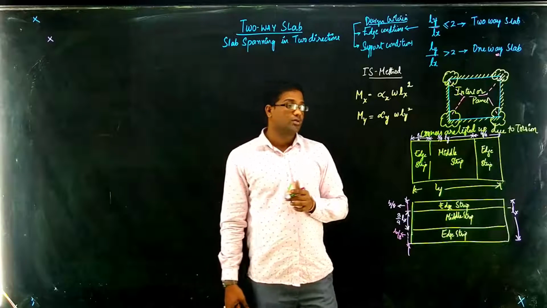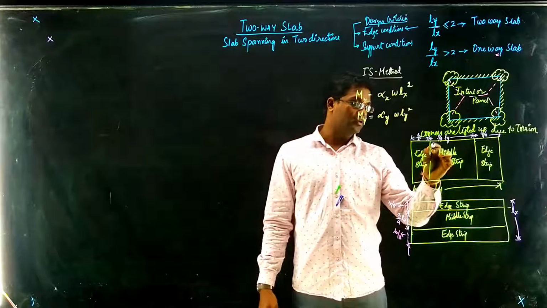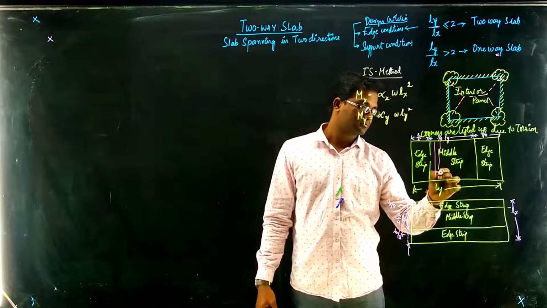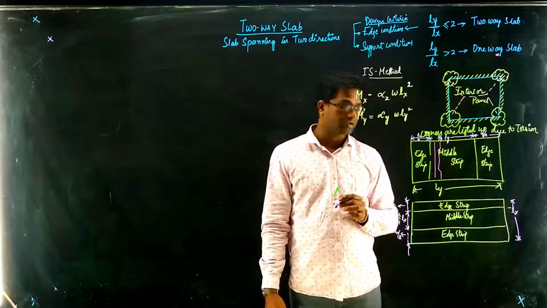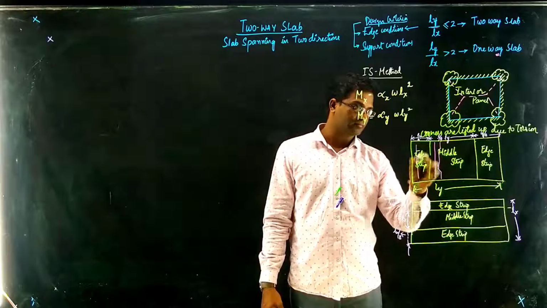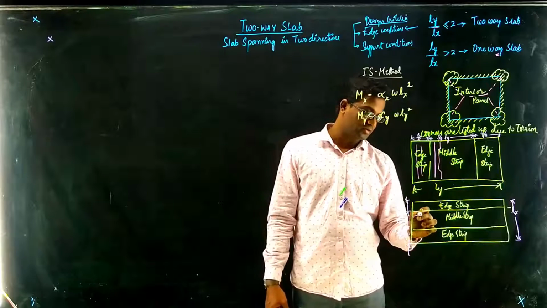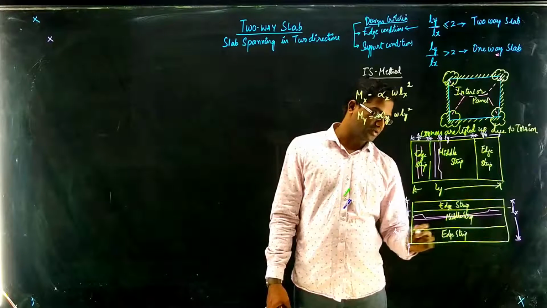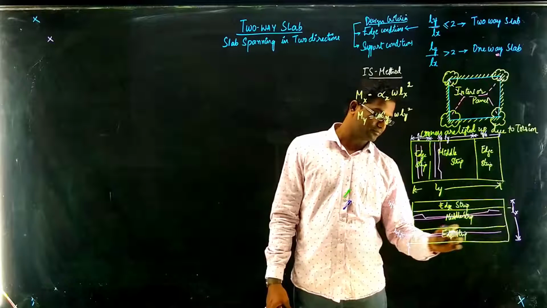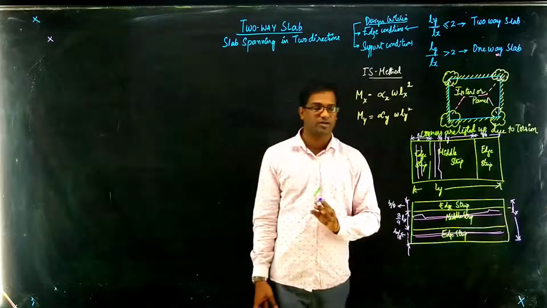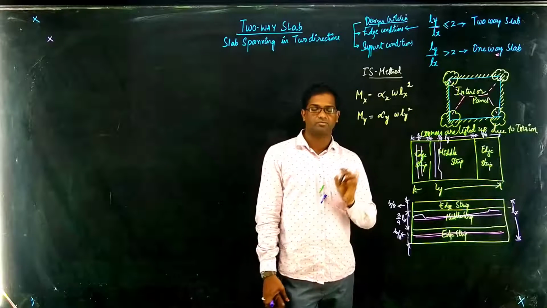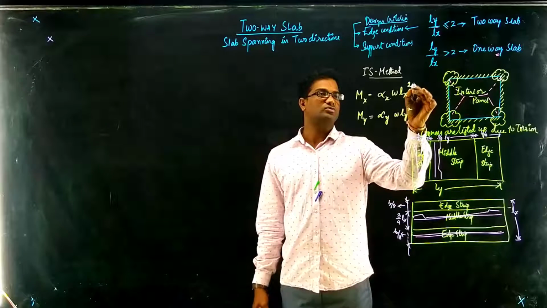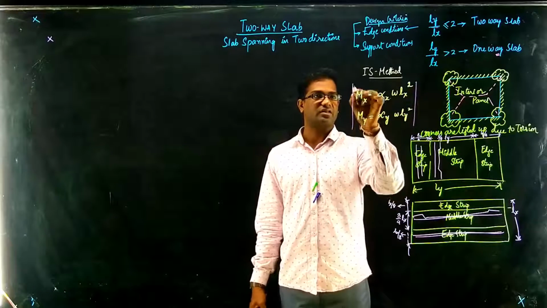Okay. Now you have to provide main reinforcement here, right? And distribution reinforcement here. Similarly, you have to provide main reinforcement here and distribution reinforcement here. In edge strips, you have to provide distribution reinforcement, and in the middle strip, you have to provide the main reinforcement. Main reinforcement should be calculated using these equations, which are given in the image.